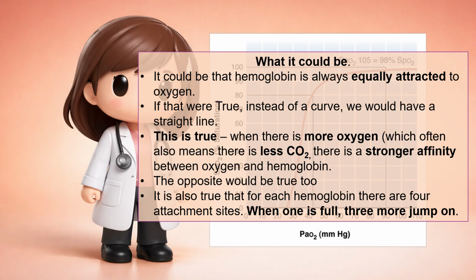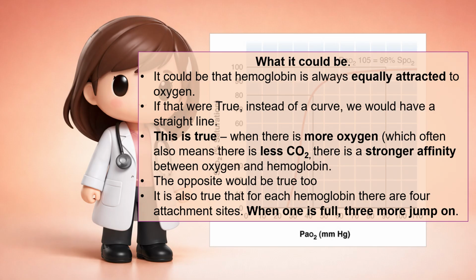But that's not true; hemoglobin binds differently depending on the neighborhood it's in. Where there's a lot of oxygen, there's a strong affinity between hemoglobin and oxygen, so the oxygen will jump on. When we get to an area where there's less oxygen, and usually more CO2, the hemoglobin loses that affinity and the oxygen jumps off.